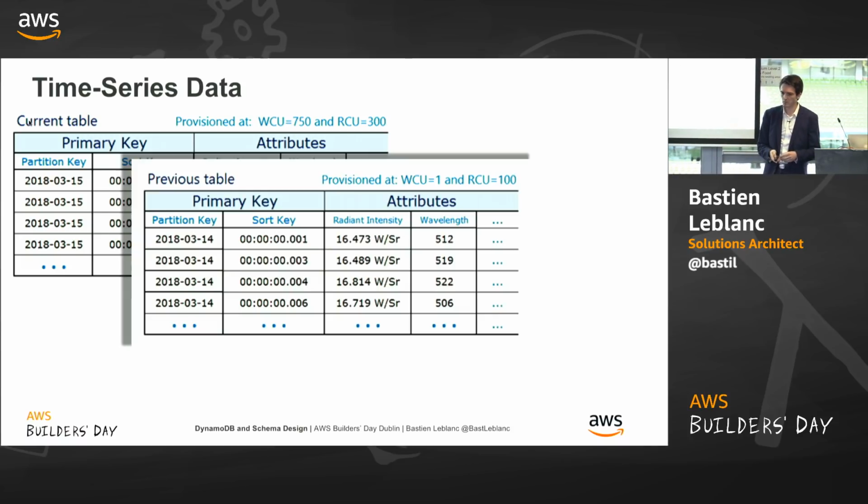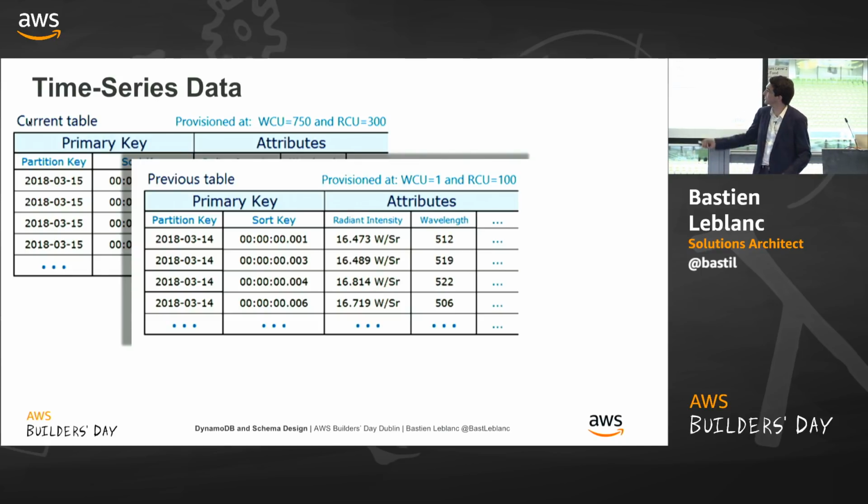So what you end up doing is having a second table. That's probably the only situation where you can have several tables for the same purpose. It's a bit specific. Here you create another table for the previous days, depending on your requirements. Maybe you need 24 hours, maybe you need 7 days.